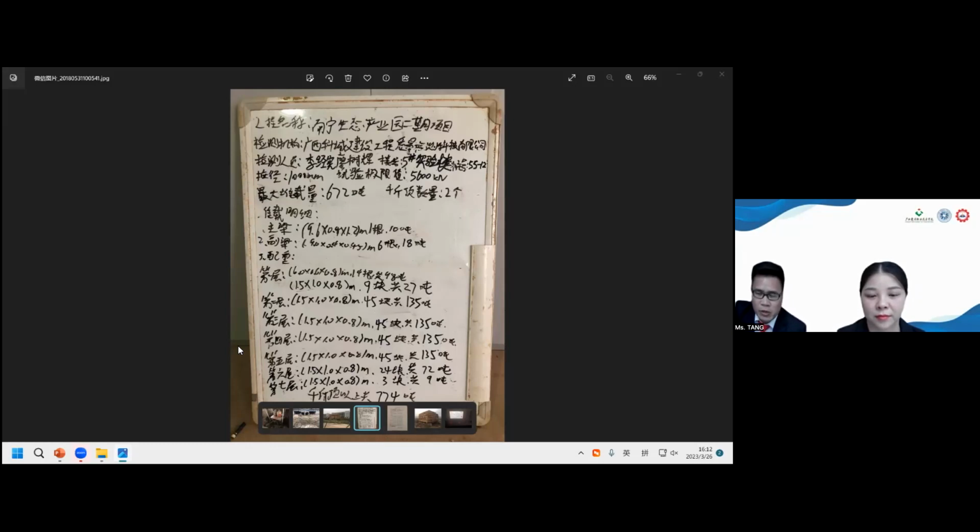All this information shall be shown on this table, which shall be observed by the people from the quality control supervision station, who are from a governmental department. Only when the information is shown and completed can the test be conducted.